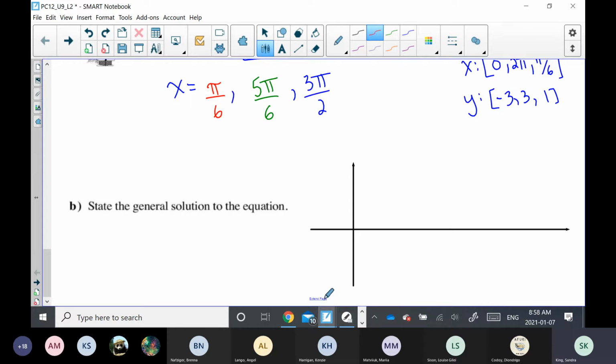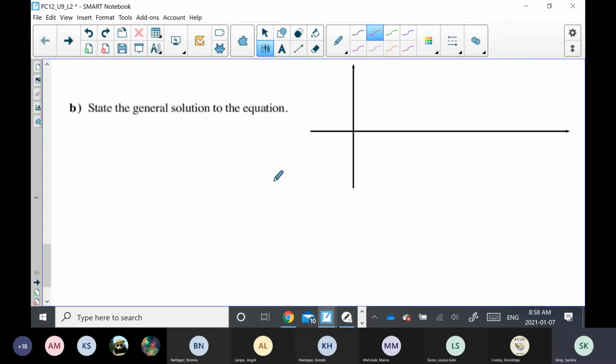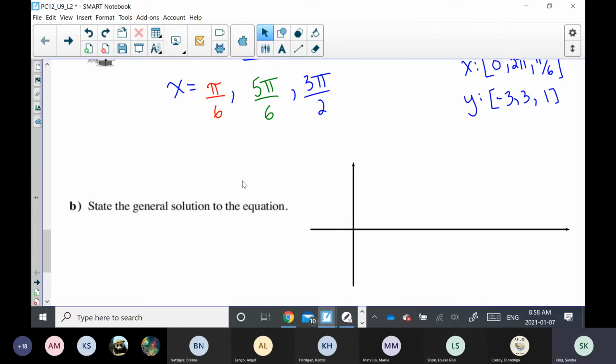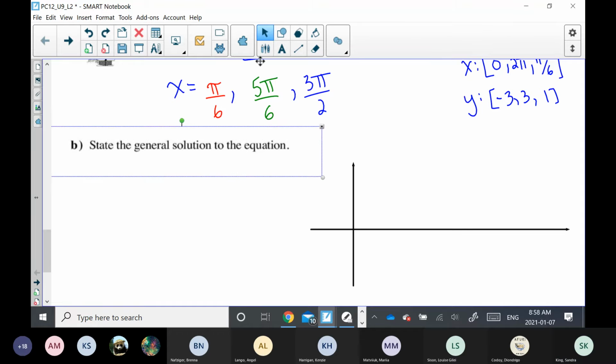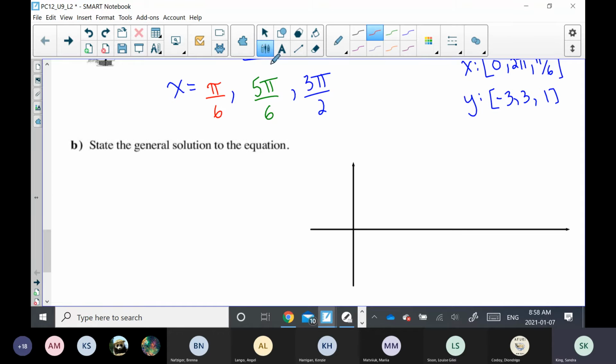So for B, state the general solution to the equation. What we're going to do is write x is equal to your first answer, and to that we're going to add 2 pi n.